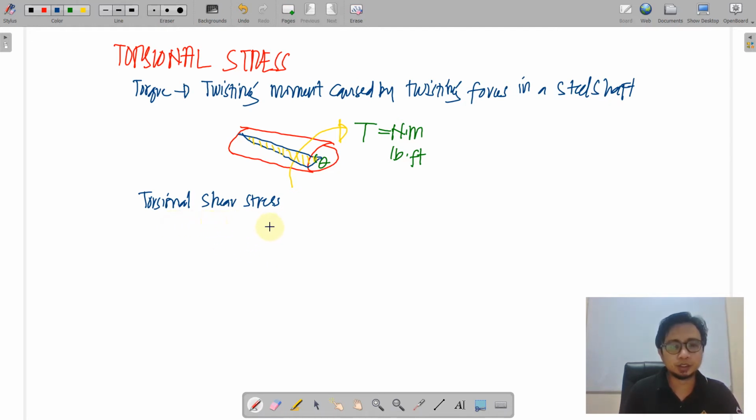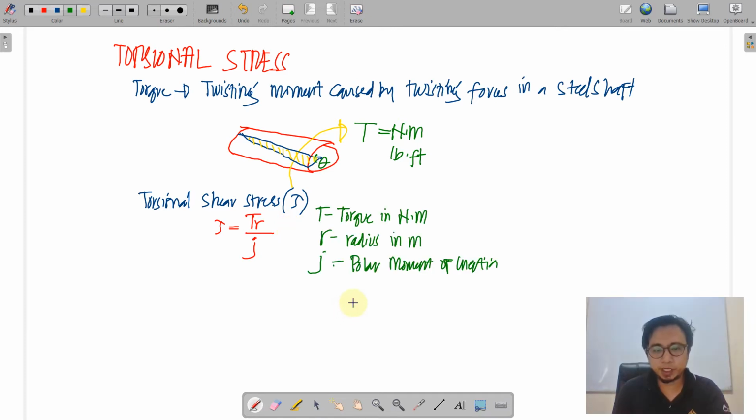So we have here some definitions and notations on torsional shear stress. Torsional shear stress is denoted by tau, and tau is equivalent to TR all over J. T here is the torsion or the torque in Newton meter or pound-foot. R here is the radius of the shaft, and J here is the polar moment of inertia.